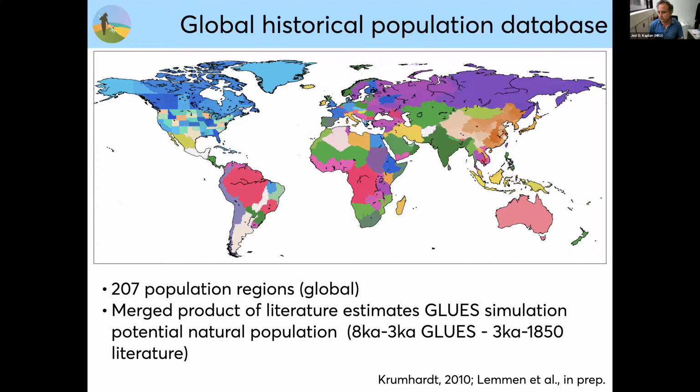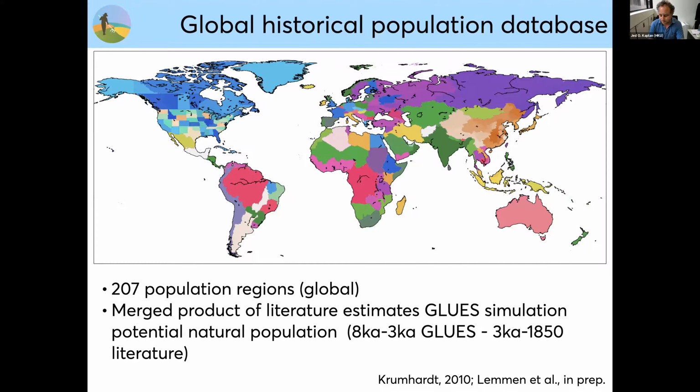So at the scale of China, for example, we have estimates of population for the last 8,000 years. They're estimates, and it's a scenario of population. I would say it's not based on truth, because we obviously don't have census data that goes back that far in time, but nevertheless, we were able to come up with some estimates for all of these different regions of the world.